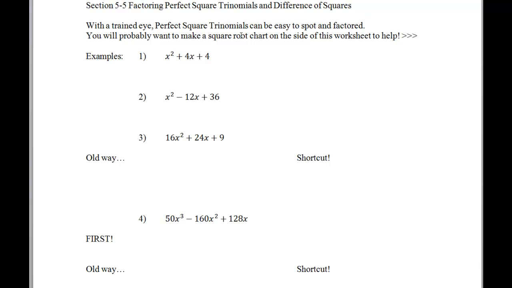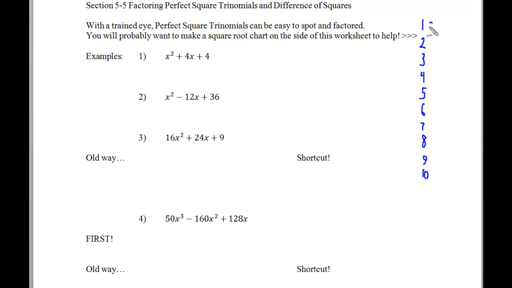Now, one of the ways to kind of help you with this is by making a square root chart on the side of your worksheet. Now, let me explain what that is. A square root chart just lists all the different roots that are available for our whole numbers. So, for example, list probably 1 through 10 to help you out with this.